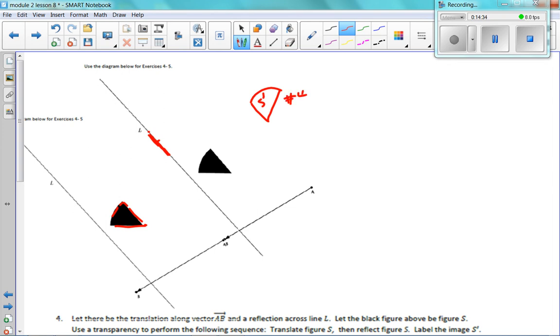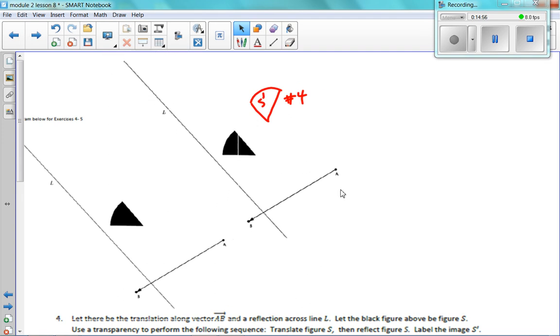This is from number 4. Okay. Question number 5 says, let there be a translation along the vector and reflection across line L. Except this time you're going to reflect figure S and then translate the figure. So you're doing the order in reverse. So let's move this back.